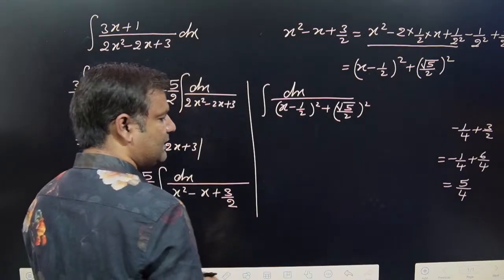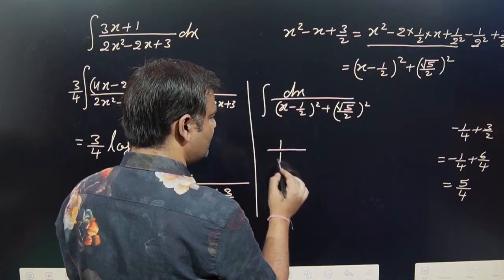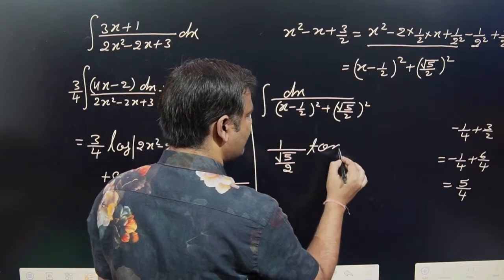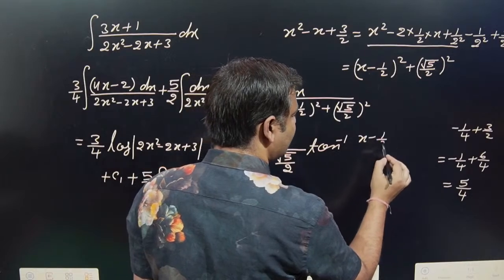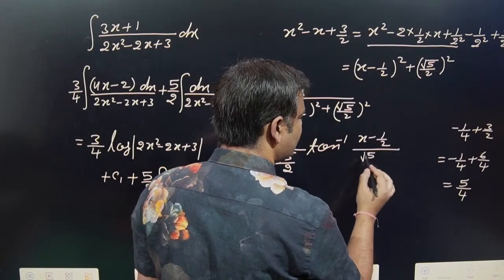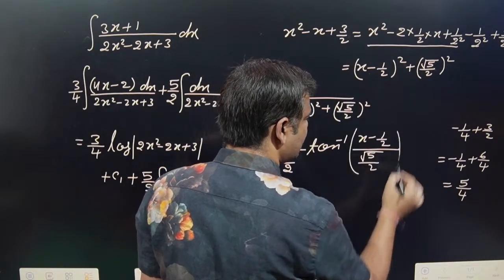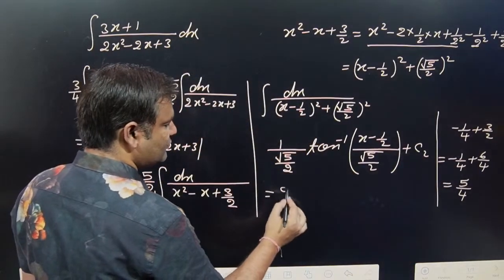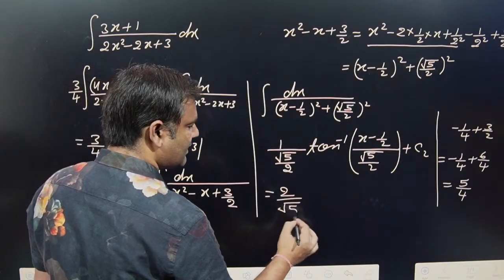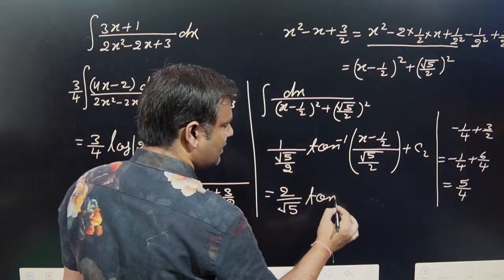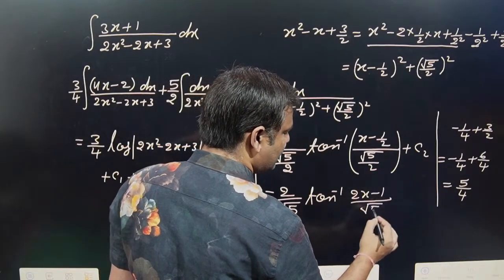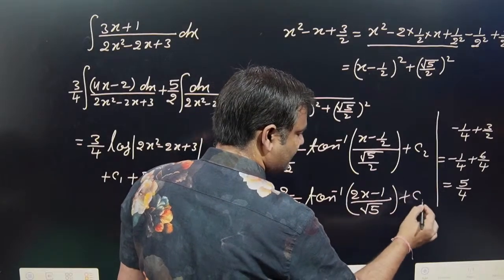Okay, now this one is written root 5 by 2 into tan inverse x minus half divided by root 5 divided by 2, plus c2. So that one is written 2 upon root 5 into tan inverse how much? 2x minus 1 upon root 5 plus c2.